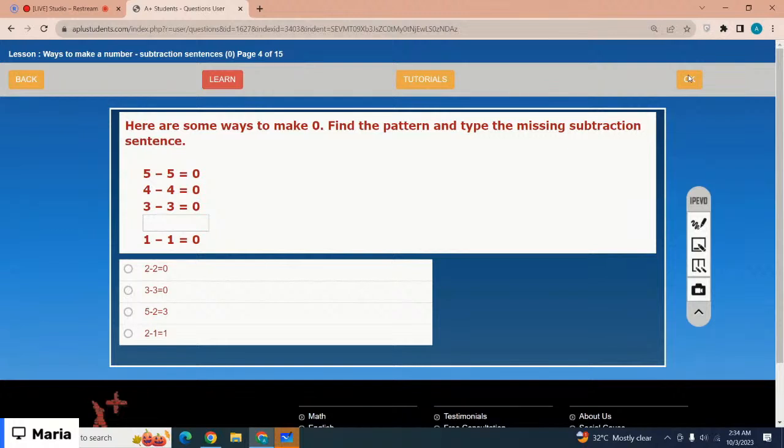The missing one is, very good, that would be option number 1. 2 take away 2 is 0. Okay, that was for the last question. For this one, 2 take away 2 is 0 is the correct option, right?